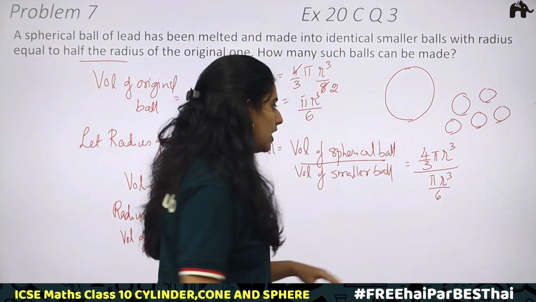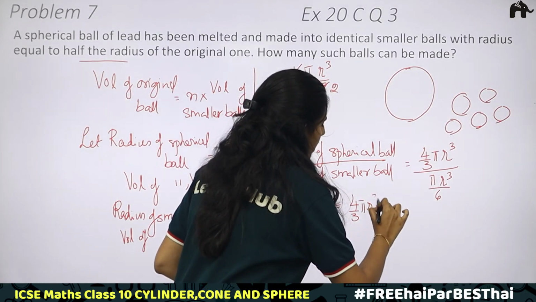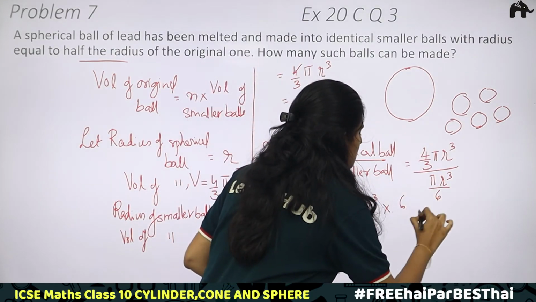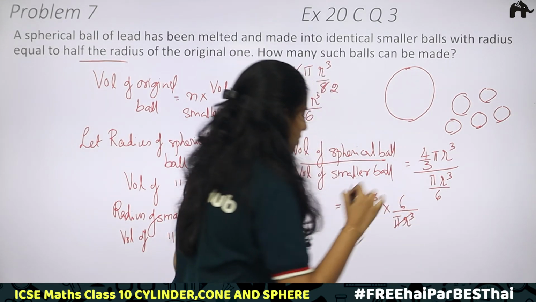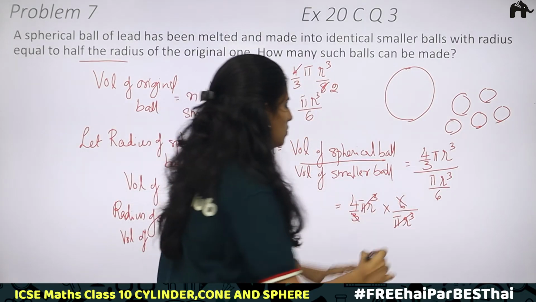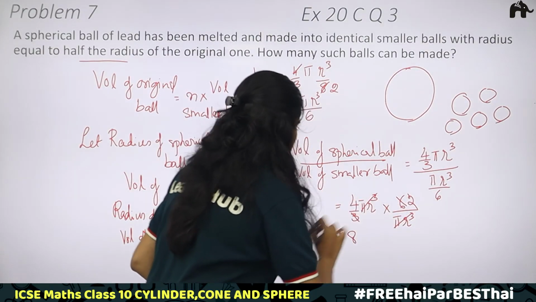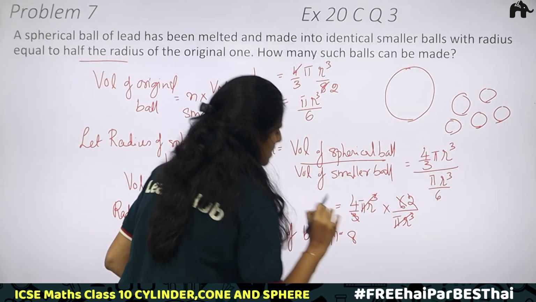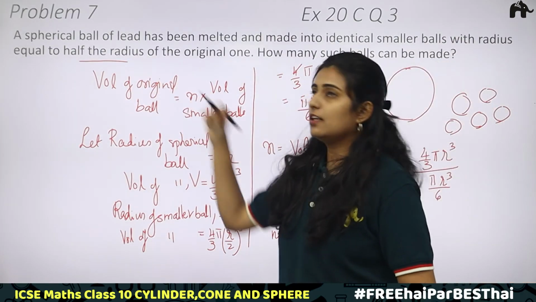Now taking the reciprocal and multiplying, we get 4 by 3 pi r cube into 6 by pi r cube. Pi r cube can be cancelled. 3, 6 can be cancelled. 3 into 2 is equal to 6. 4 into 2, 8. Therefore, number of balls n is equal to 8. Here, 8 balls are formed from the spherical ball which is melted.